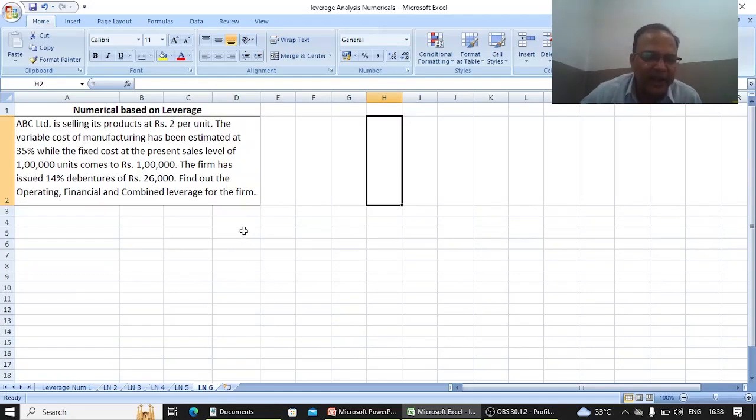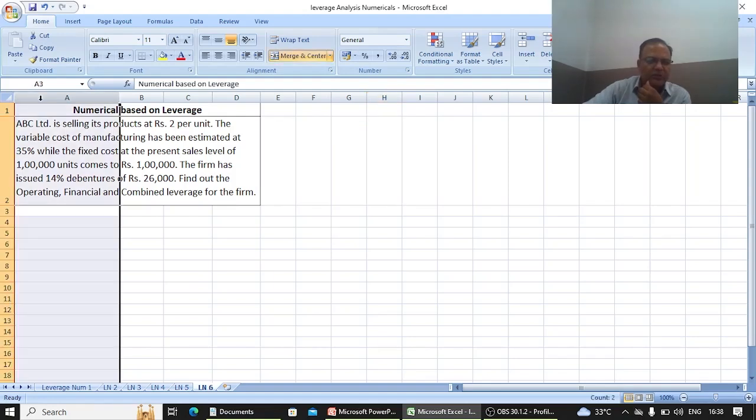ABC Limited is selling its product at rupees 2 per unit, variable cost 35%, fixed cost rupees 1 lakh at the present sales level of 1 lakh units. It has issued 14% debentures of 26,000. Find out operating, financial and combined leverage. Let's do this final problem.